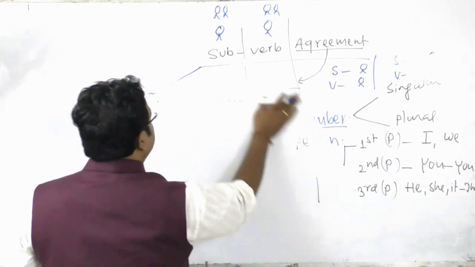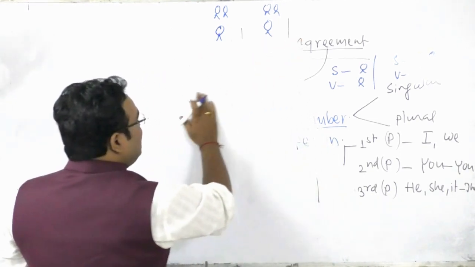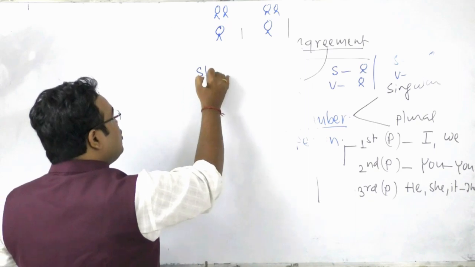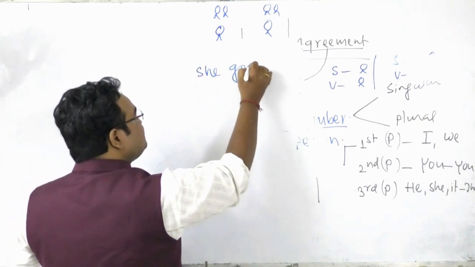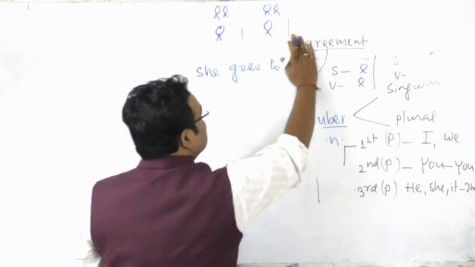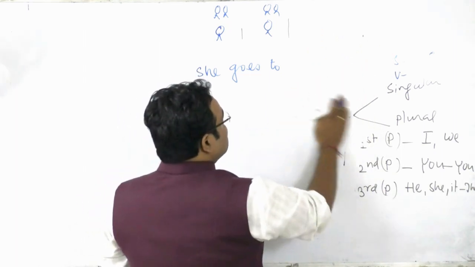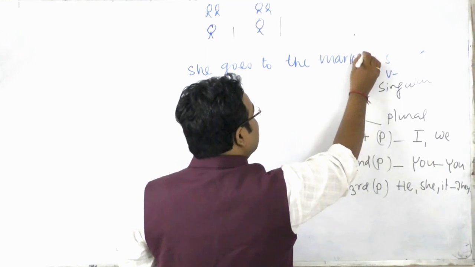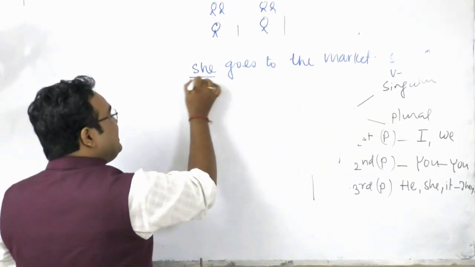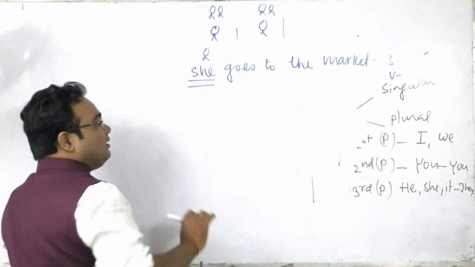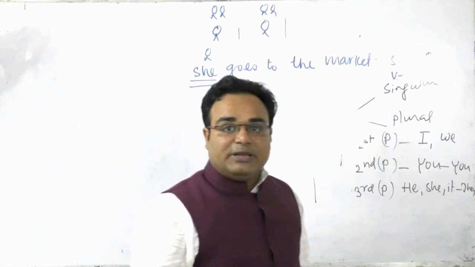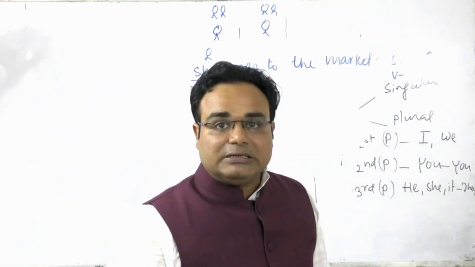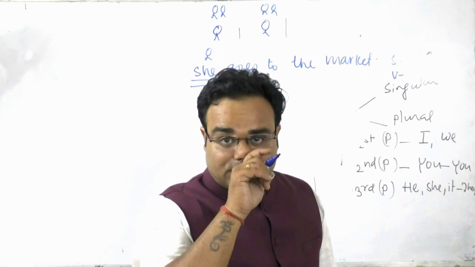Understand it by some common examples. If I say, she goes to the market. Now listen, she is singular, obviously. The moment you say she loves me, obviously you are talking about a single girl, not the entire neighborhood, right?